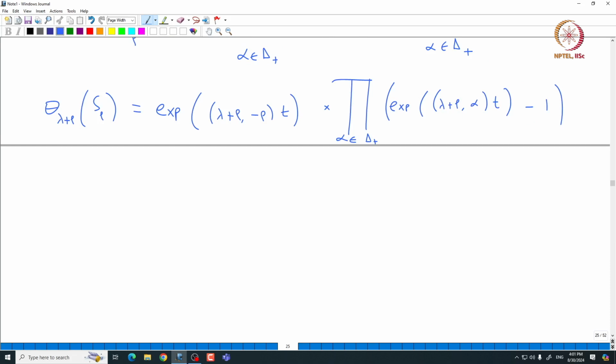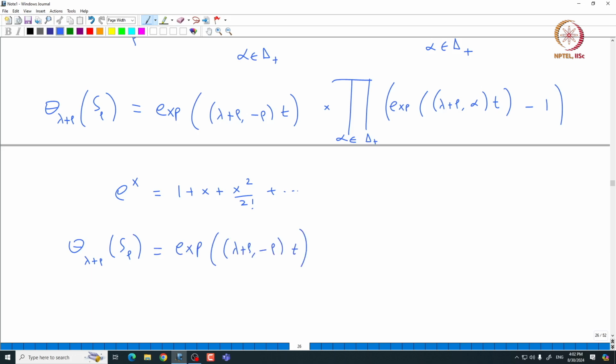Now, if we use the expression for the exponential, e^x is nothing but 1 plus x squared by 2 factorial plus etc. If we use this, then you can rewrite θ_{λ+ρ} of S_ρ as exp(⟨λ+ρ, −ρ⟩t) times the product of (e^x − 1).